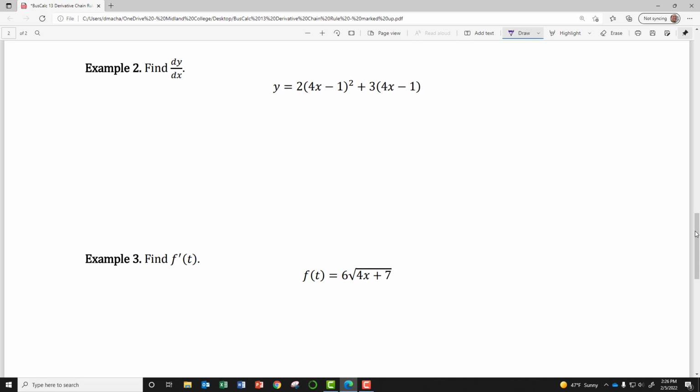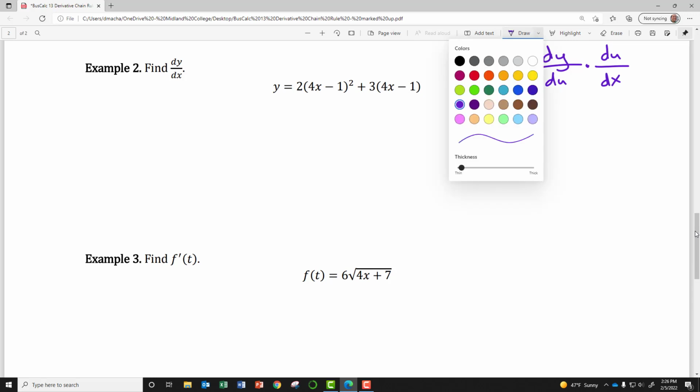So I've got this, and it's asking me to find what is the derivative of y with respect to x. That's what the dy over dx means. And I have a particular rule for this. That is to say that the derivative of y with respect to x is equal to the derivative of y with respect to some function u of x times the derivative of u of x divided by derivative of x.